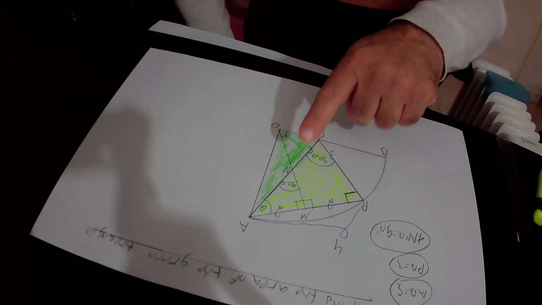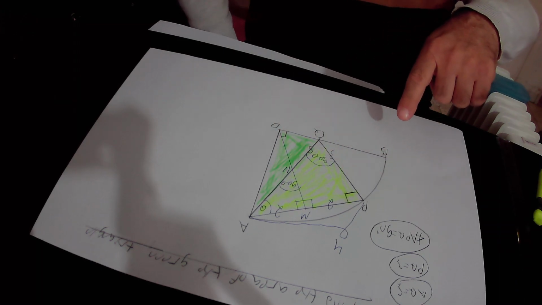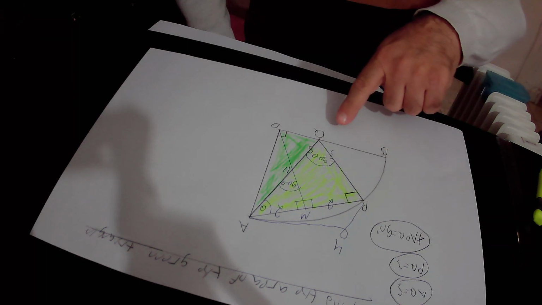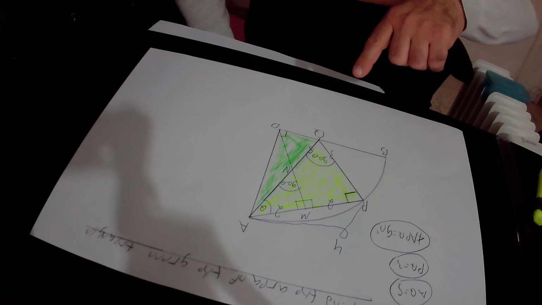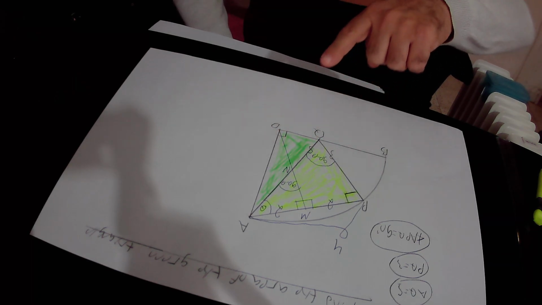That PA in the big triangle over MA in the small triangle equals PQ in the big triangle over MN in the small triangle, and it is also equal to QA in the big triangle over NA in the small triangle.